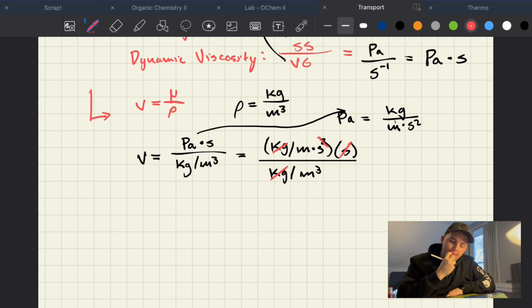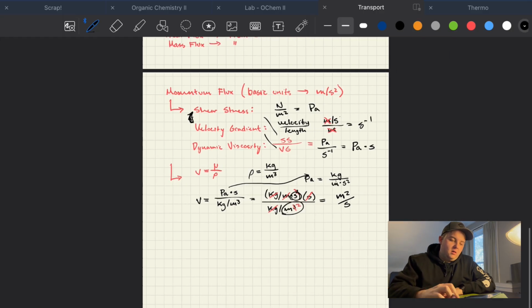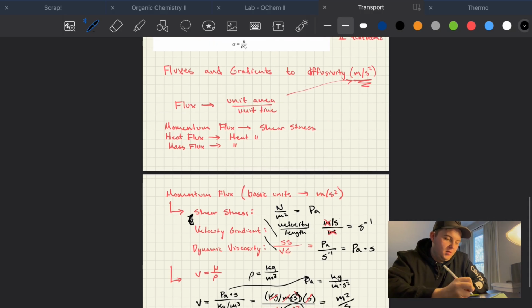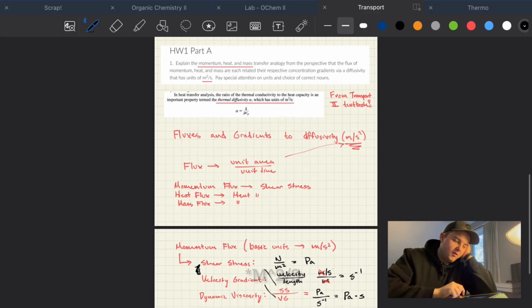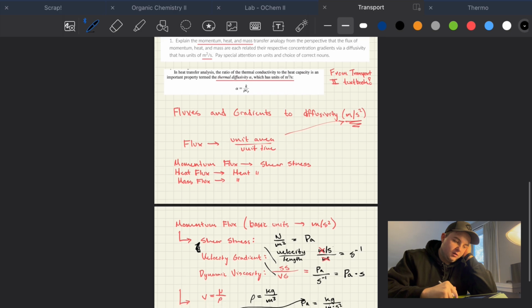This becomes a meter squared. We're left with this second and this meter squared, and you have to flip them because they're on opposite sides of the denominator. So we're left with meters squared per second. As you can see, our momentum diffusivity is equal to the diffusivity up here, which is always in meters squared per second. That solves the first part of the problem of explaining the momentum transfer analogy.